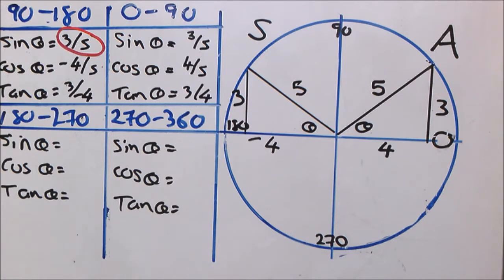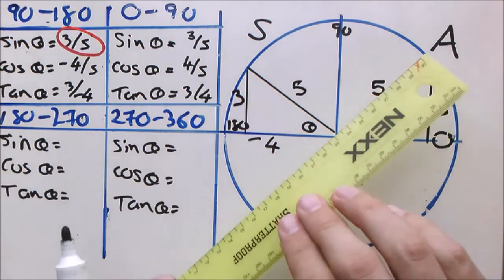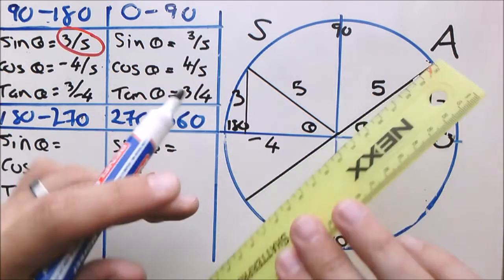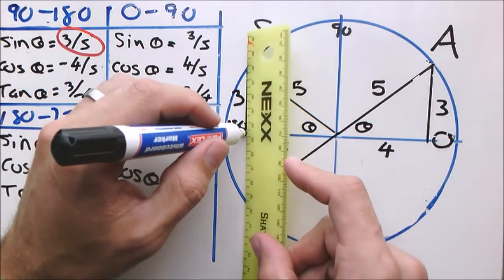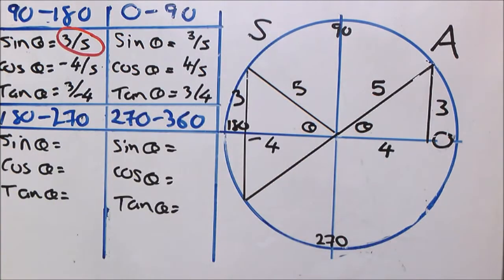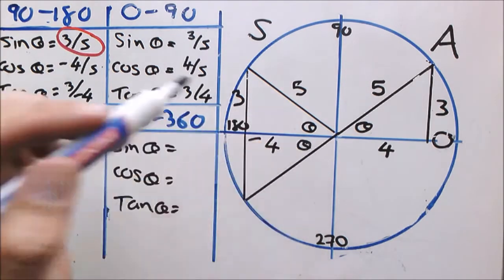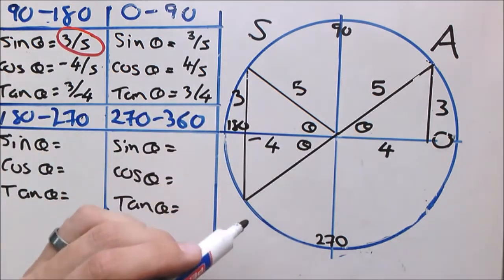Now in the third quadrant, if we look at our triangle, if we draw another triangle, you will see we're going to work with the angle, and our angle is still theta, 180 plus theta, as you can see.